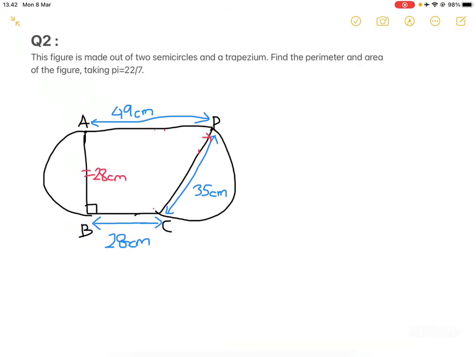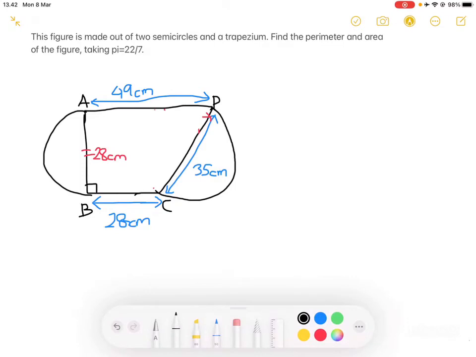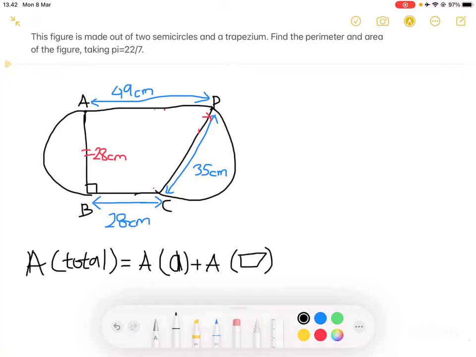For the area of the figure, we can just find the area of each shape that makes this picture. So I'll denote this as A of total, which means the total area, which is equal to the area of the semicircle on the left plus the trapezium, and finally the area of the semicircle on the right.